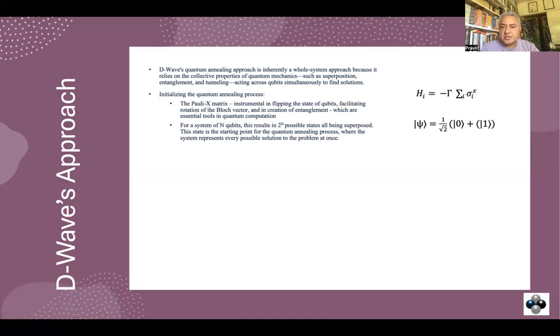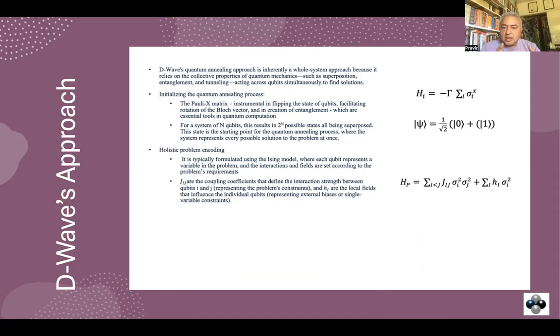They're all superposed simultaneously, represented by being both in the 0 and 1 state simultaneously. That signifies that if there are n qubits in that quantum computer, then there are 2^n possible states that are all being superposed. So all possible solutions are being represented in the initialization of the quantum annealing process.